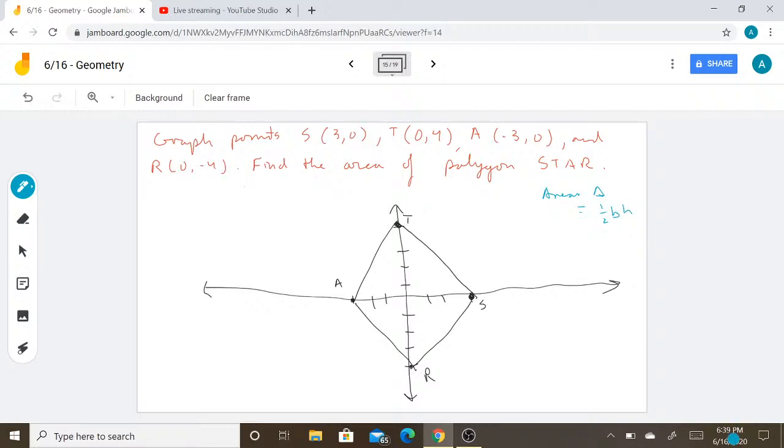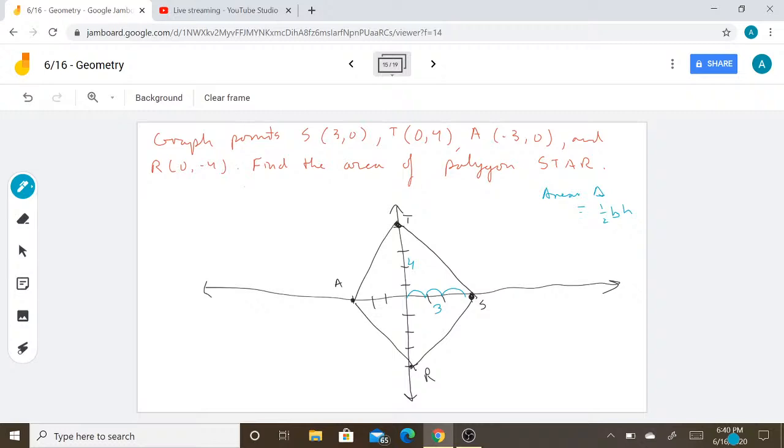So the base of the triangle, let's say we're doing this one right here with the side ST, would be 3 units, because from the origin to S is 1, 2, 3 units. And the measure of the height, which is from the origin to point T, would be 4.